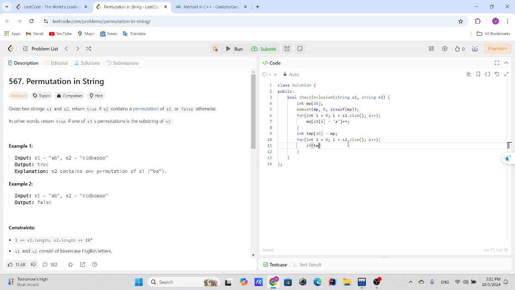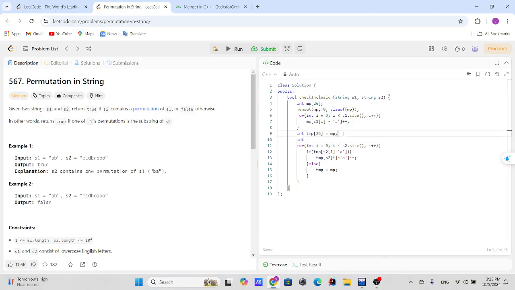And if temporary of s2 of i zeros, okay, then one thing else, what? Super, it's kind of easy.